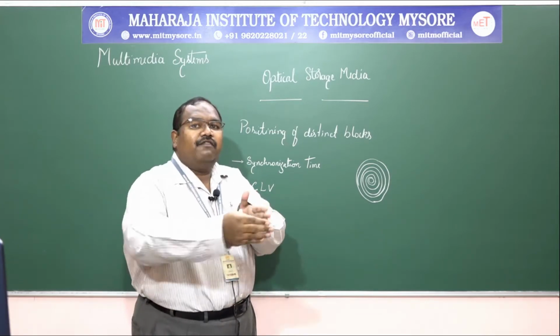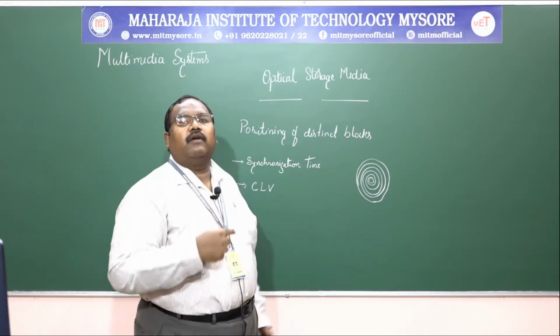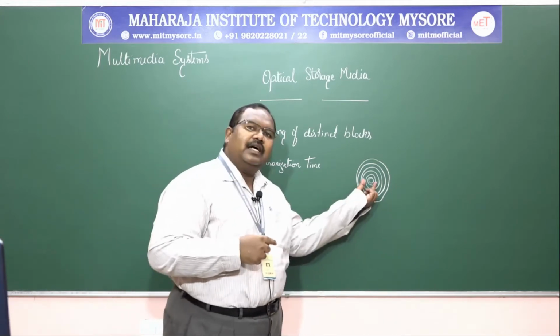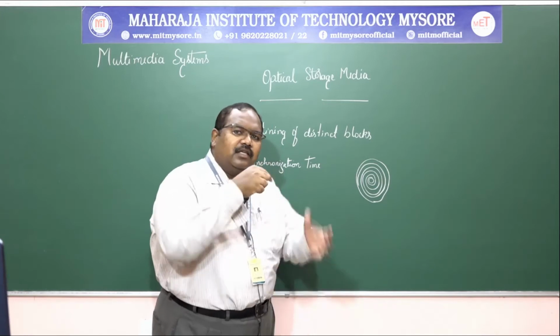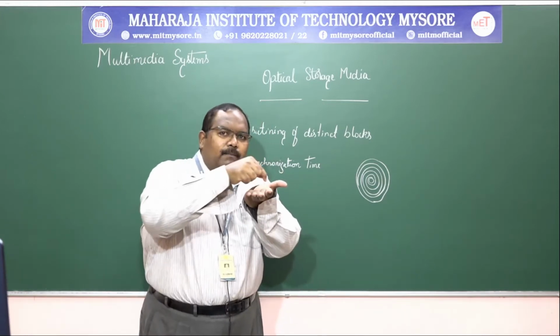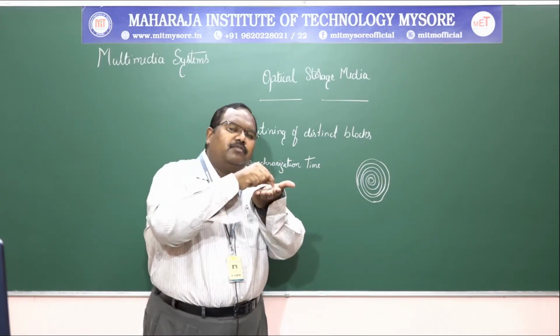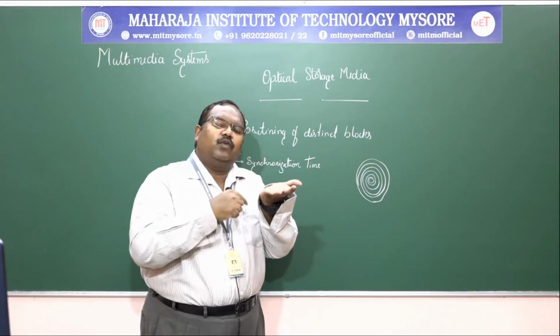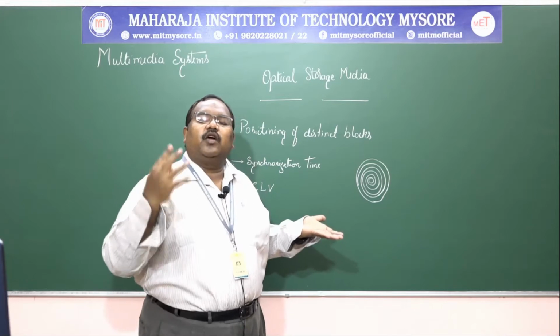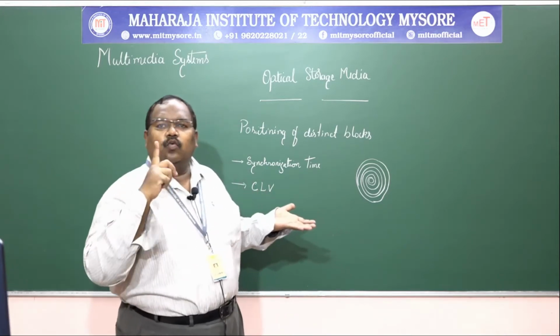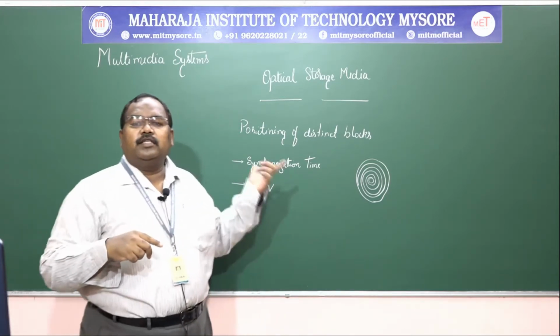So there is a difference in the rotational value. Since the diameter of the inner portion is very small, a complete track may have been sensed once, whereas the outermost track might not have completed its rotation even once. So this is one major problem.